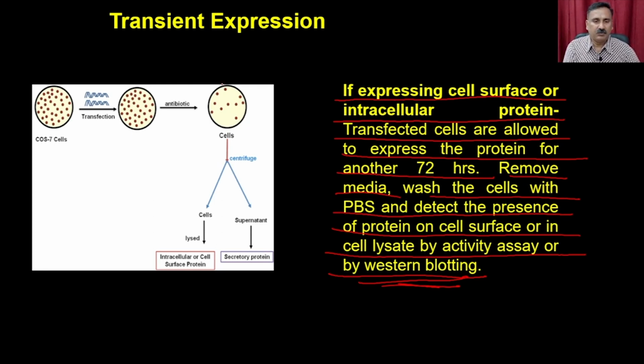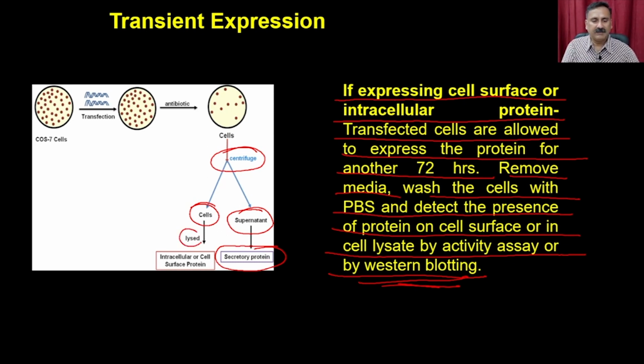But what you are going to do is collect these cells by centrifugation, which will give you two fractions: the cell fraction or the supernatant. If the protein goes through the secretory pathway, it is going to be secreted into the supernatant. If it is present with the cell membrane or is an intracellular protein, it is going to be in the cells.